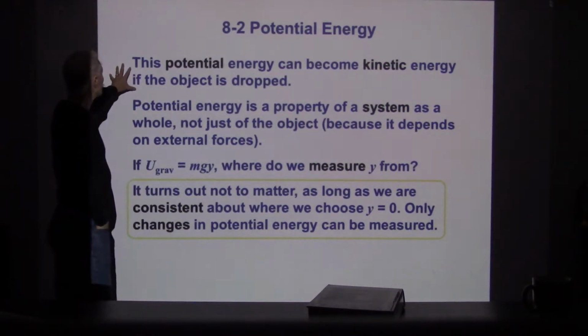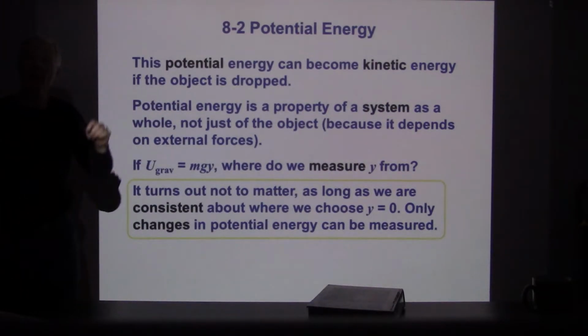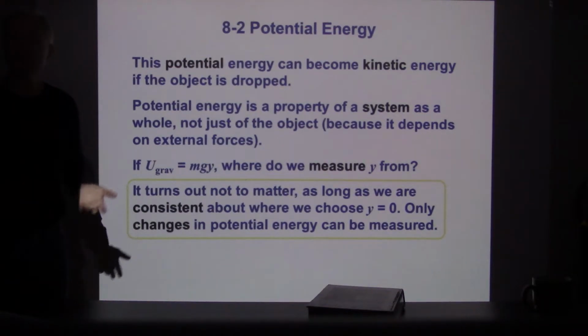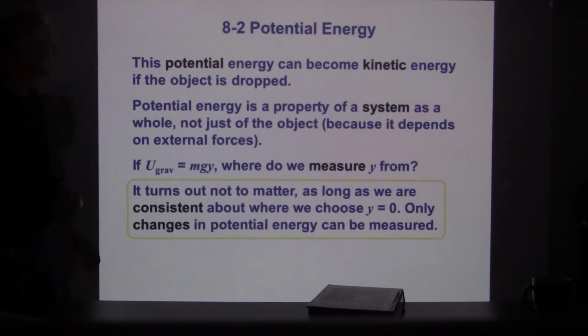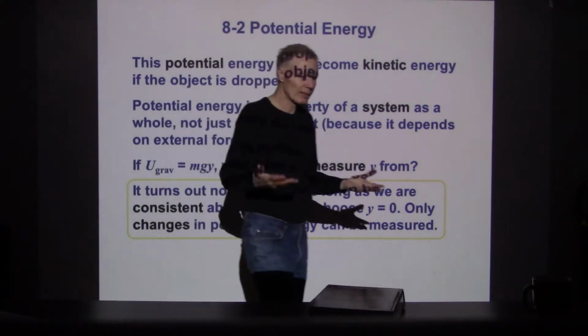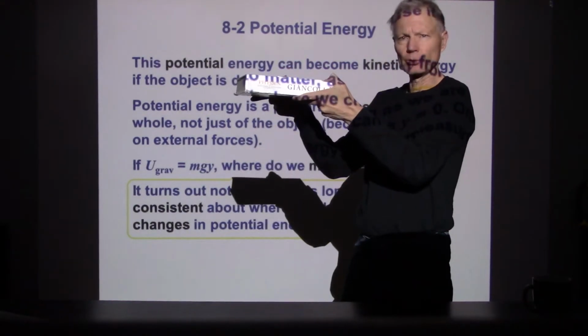Again, what we can do with this potential energy is drop the object. That would convert the potential energy back into kinetic energy, which we introduced last chapter. The potential energy, this is a good thing to realize: it's not that the book has potential energy.